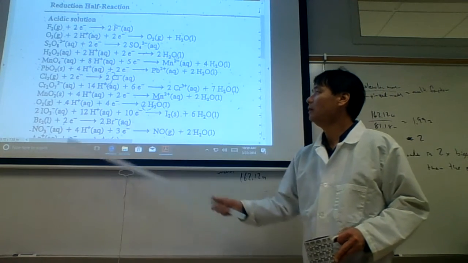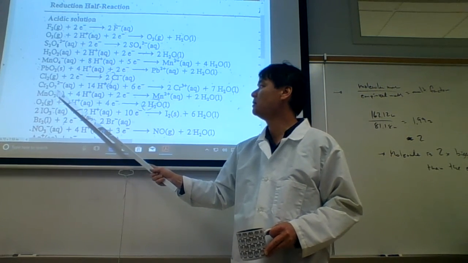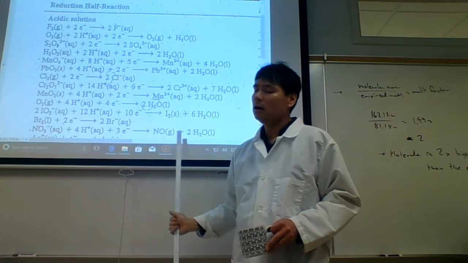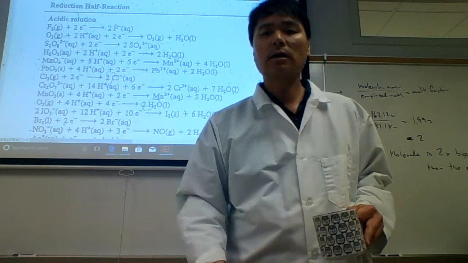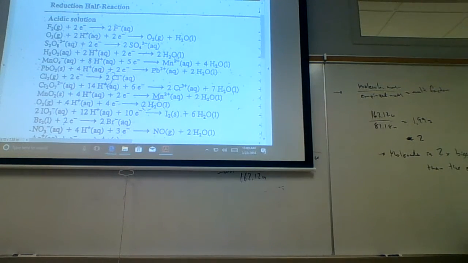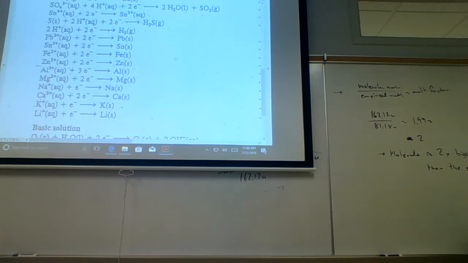These species are what we call electron-poor species. They all want electrons badly. On the other hand, the opposite is electron-rich species, like the metals.